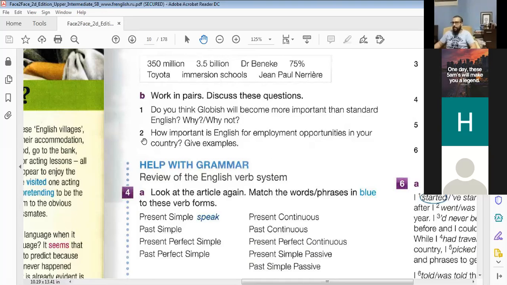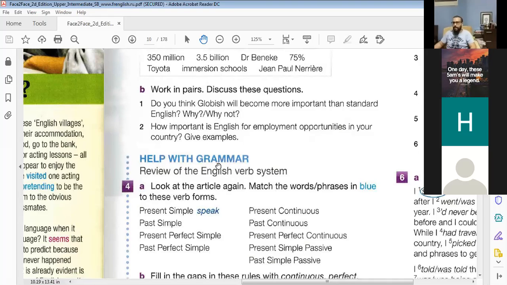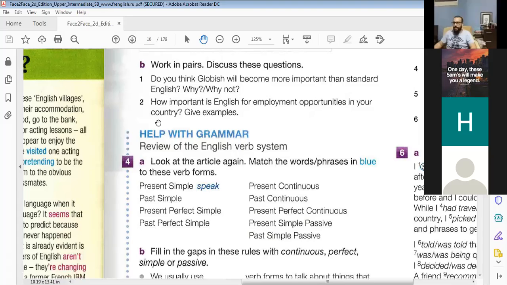Okay. Now let's check the second question here. It says, how important is English for employment opportunities in your country? So let's think a little bit about Libya here. How big a part does fluent English, or let's say a good operating level of English, play for employment opportunities in Libya, I mean?